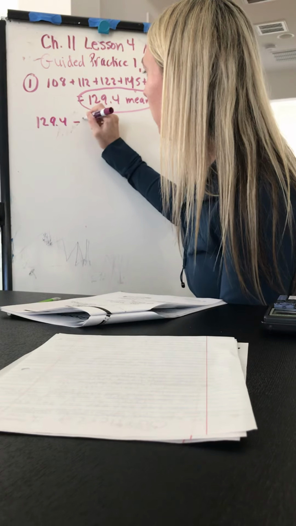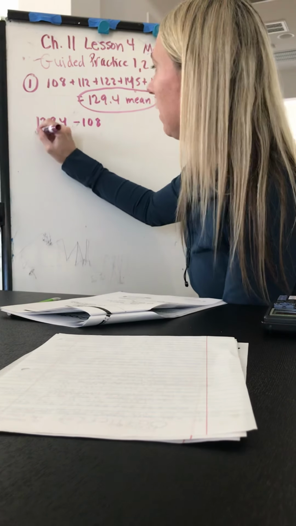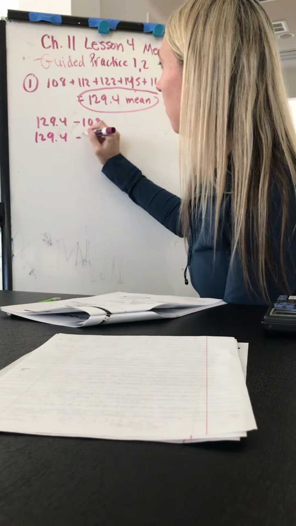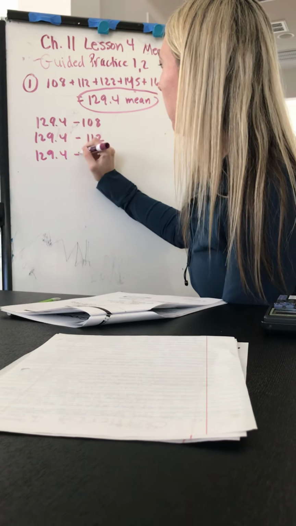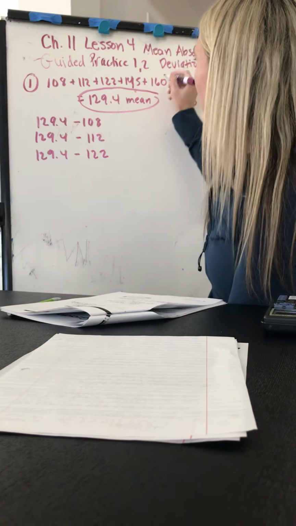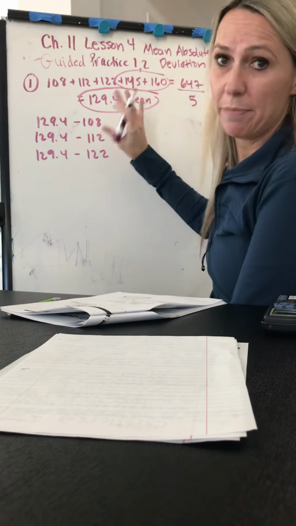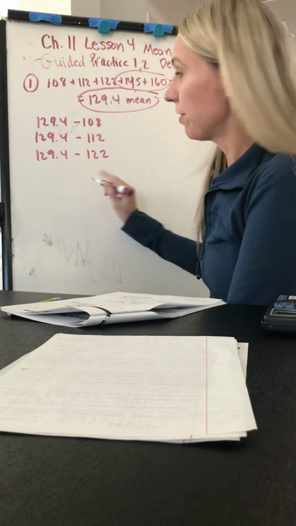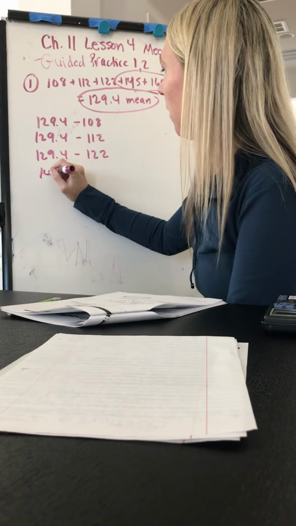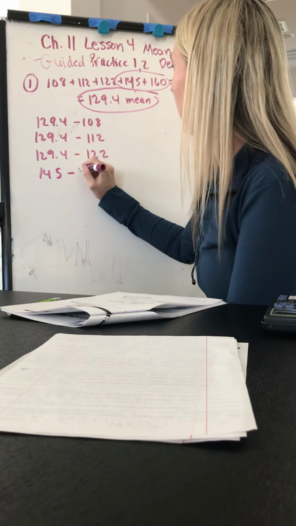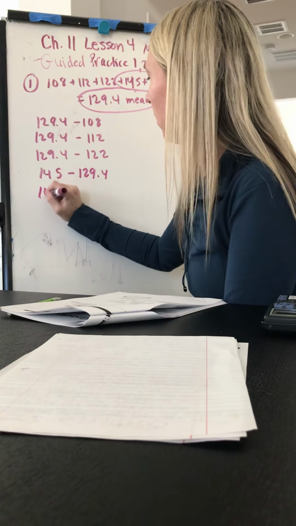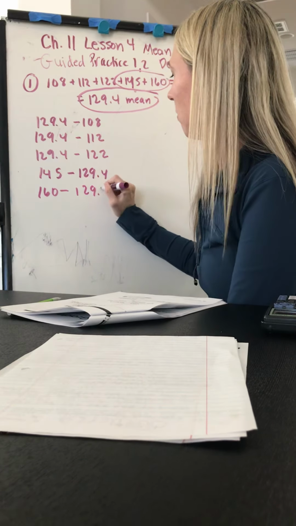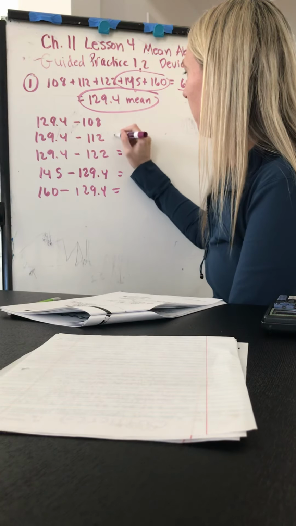So we're going to subtract each of these numbers from 129.4. We're going to do 129.4 minus 108, 129.4 minus 112, 129.4 minus 122, and then here, it doesn't matter, again, the order you subtract, just make sure you use the positive number, which is the absolute value: 145 minus 129.4, and 160 minus 129.4.